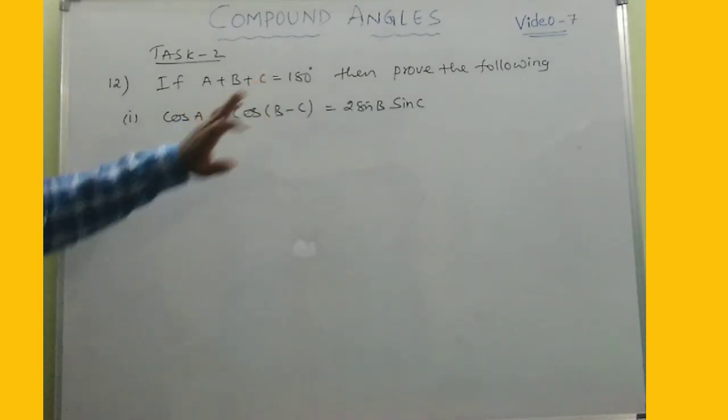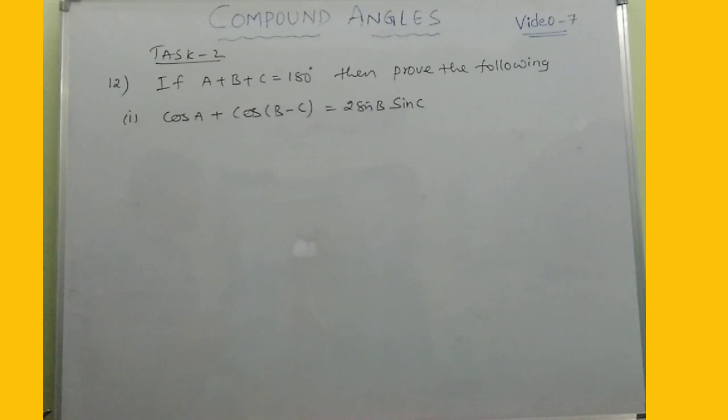So given that A plus B plus C is equal to 180 degrees, we need to prove some conditions here. The first condition is cos A plus cos of (B minus C) is equal to 2 sin B into sin C.